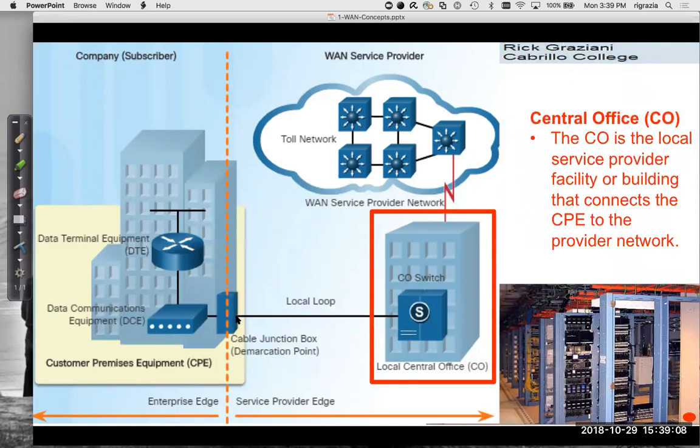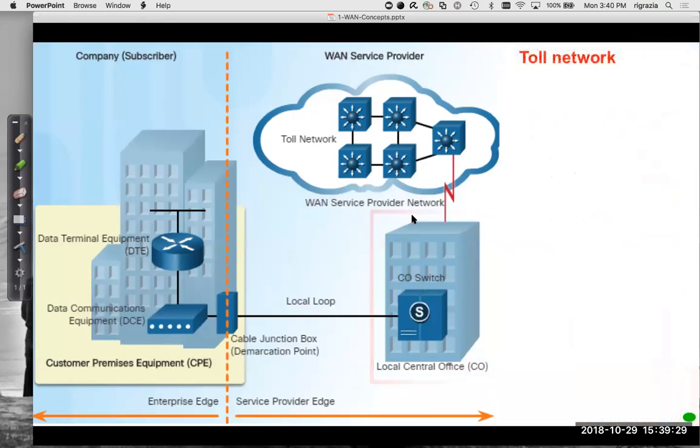But basically, what we're trying to do is connect from the CPE, from the subscriber's network, to the local central office. And the local central office is what is then connected to the provider's network itself.